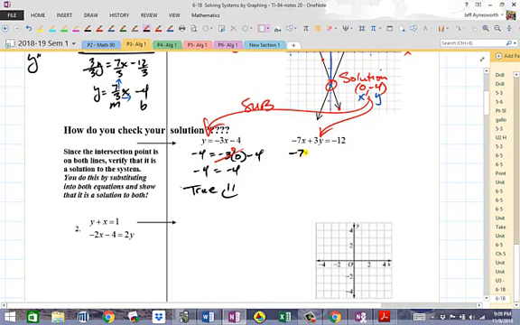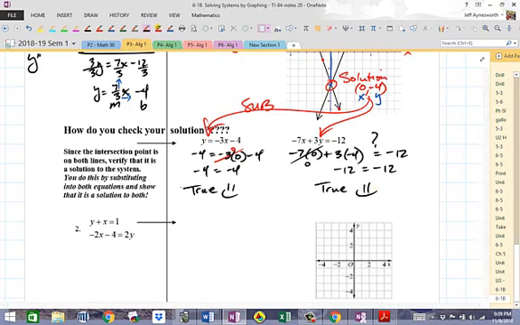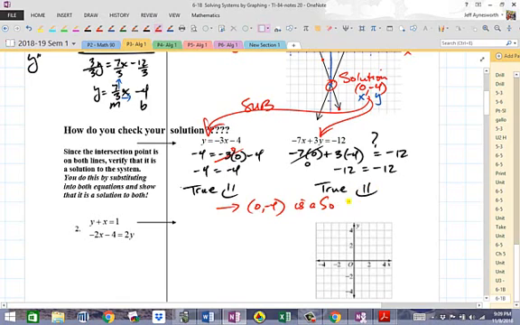Is negative 7 times 0 plus 3 times y, which is negative 4, equal to negative 12? I don't know. Let's find out. We got 0 here, this is negative 12, and negative 12 is equal to negative 12, and that's true too. So it satisfied both. So I know that (0, negative 4) is a solution to the system.